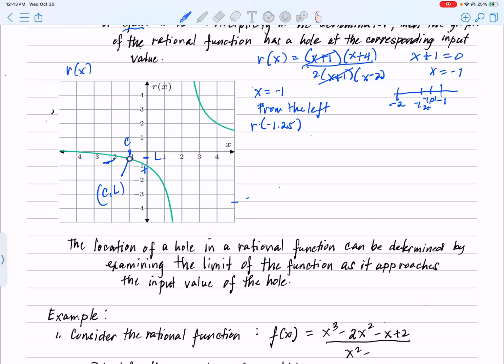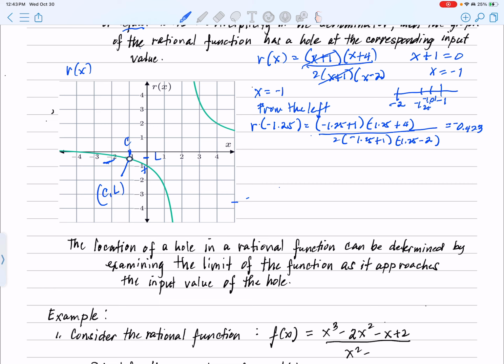Replacing that in the function, we have negative 1.25 plus 1 times negative 1.25 plus 4, over 2 times negative 1.25 plus 1 times negative 1.25 minus 2. By doing all the math, we come up with negative 0.423.